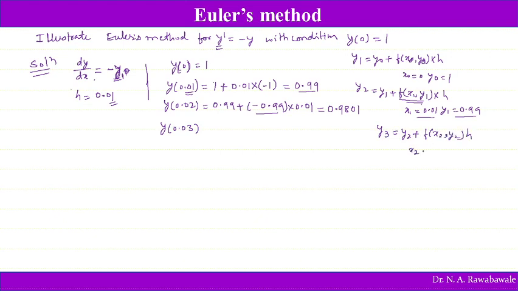So x2 value is now 0.02 and y2 value is 0.9801. So this is 0.9801 plus, since the function has a negative sign, minus 0.9801 into 0.01, which is equal to 0.9703.